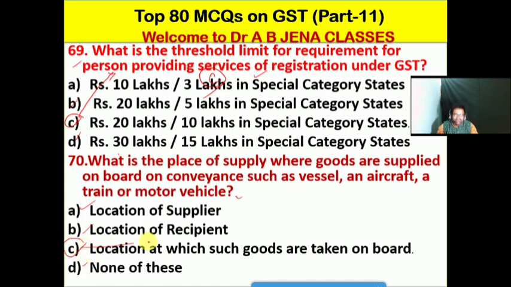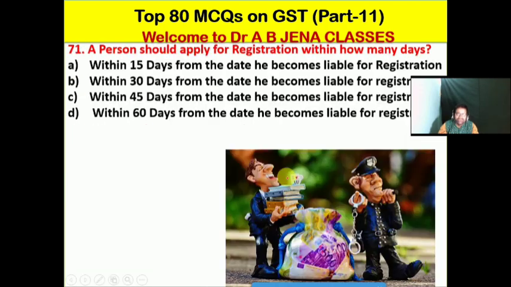So C is the right option for this MCQ. The location at which the goods are taken on board is the place of supply where goods are supplied on board a conveyance such as a vessel, an aircraft, a train or a motor vehicle, friends. So C is the right option for this MCQ.